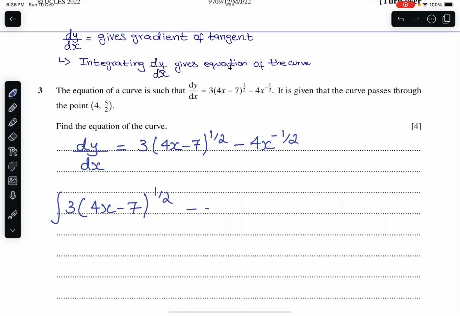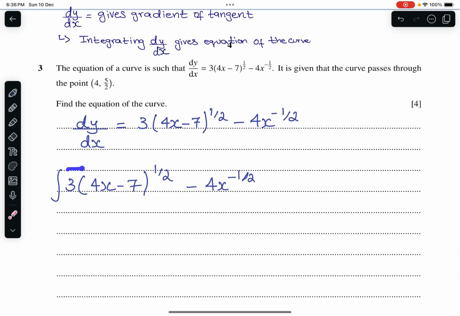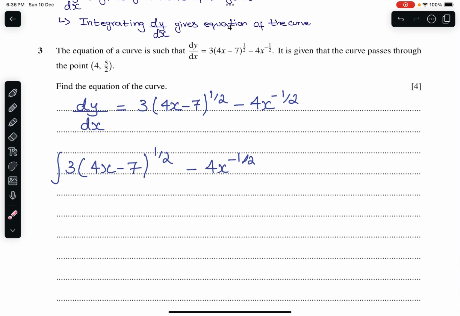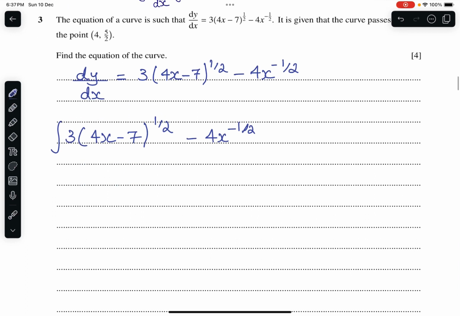One thing to notice is that the major part of the integration, the harder part or the tougher part, is the first one, because integrating the second part of the expression will be a lot easier. So we need to focus on the first part more.